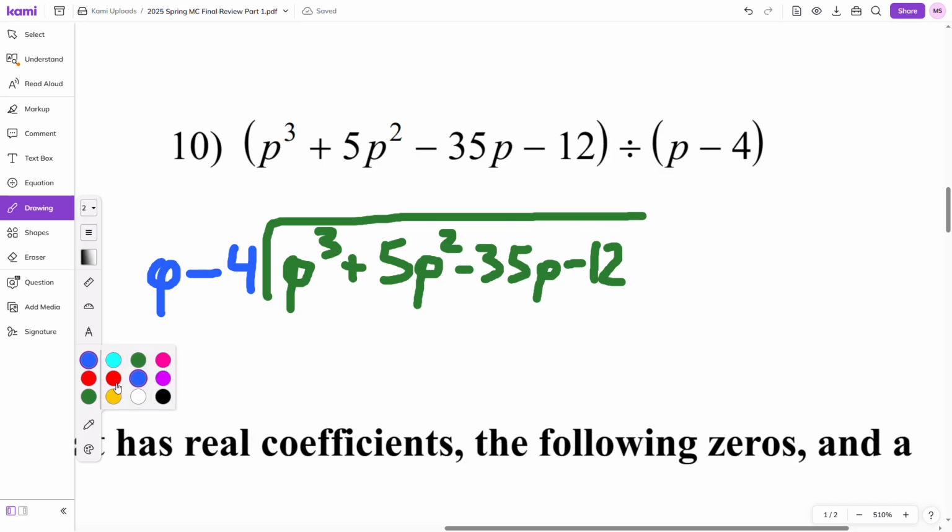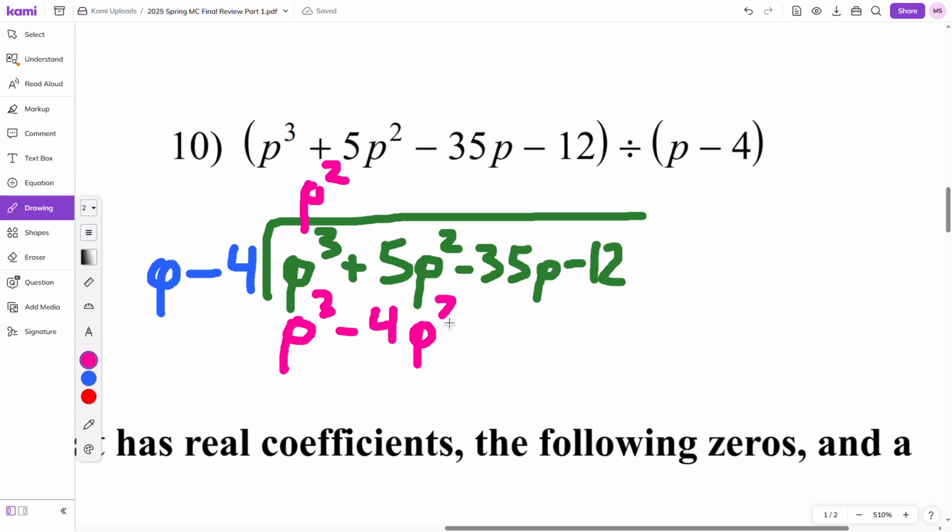The way that long division works is you only deal with the first terms on the division. So p cubed divided by p is p squared. And once you have that first term, you multiply by the whole p minus 4. And that gives you p cubed minus 4p squared. Once you have that, you subtract it from what's above.